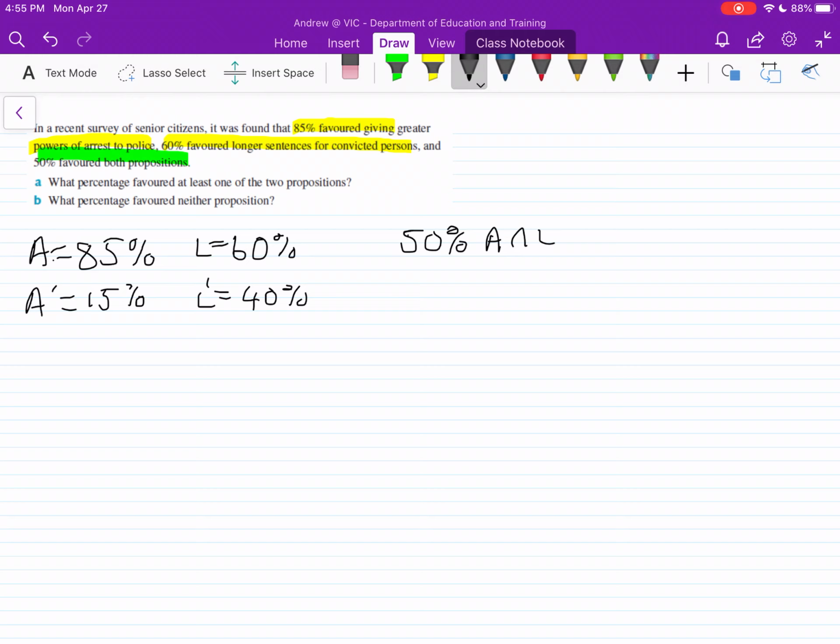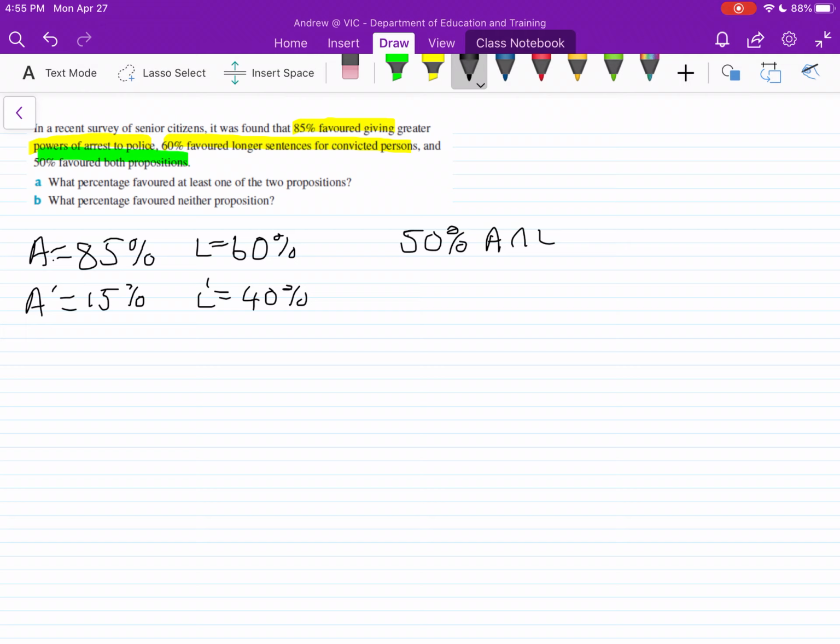So to answer these questions, what percentage favoured at least one of the two propositions, and what percentage favoured neither proposition, I think the easiest way is doing the Karnaugh map. You start off just by setting up your letters on the side.